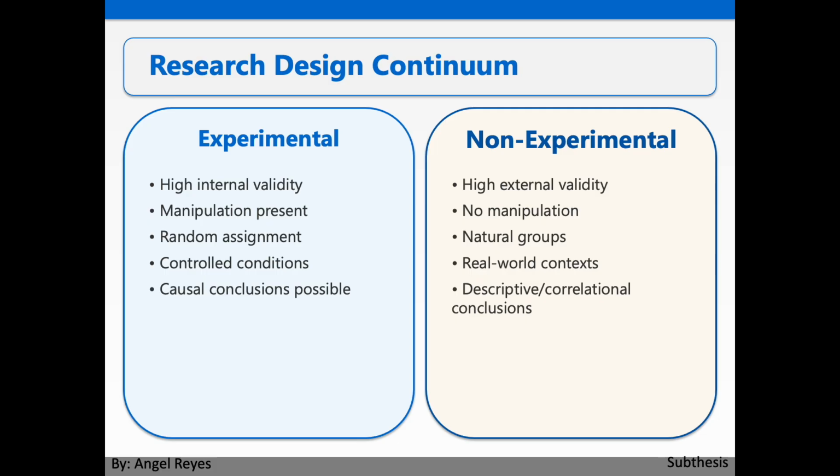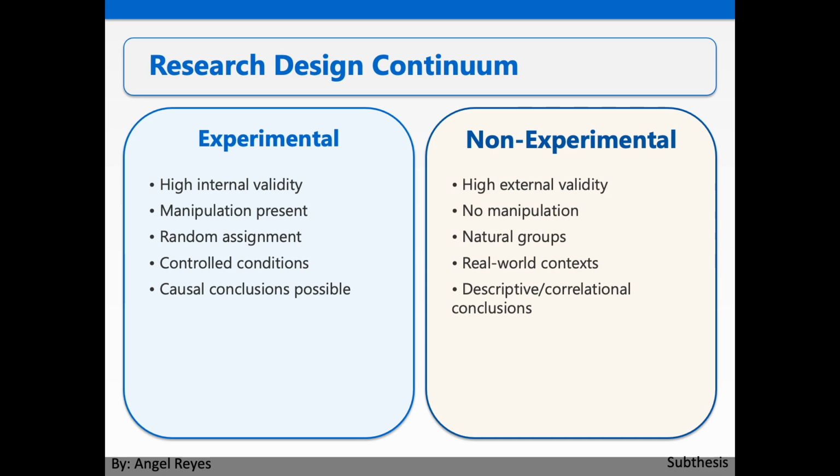Non-experimental research prioritizes external validity, the confidence that our findings apply to real-world situations. Experimental research allows causal conclusions, while non-experimental research typically allows descriptive and correlational conclusions. Both types of conclusions are valuable for different purposes.